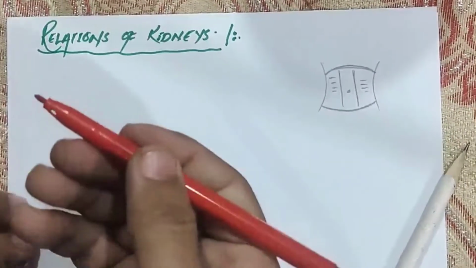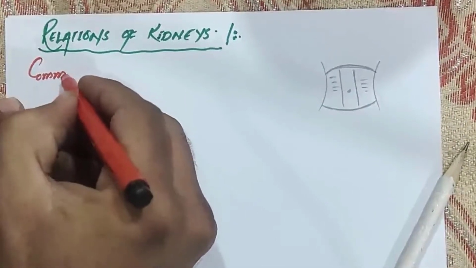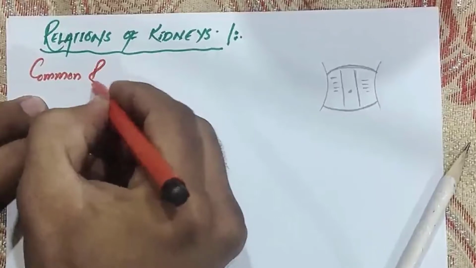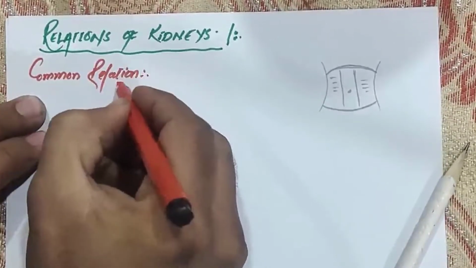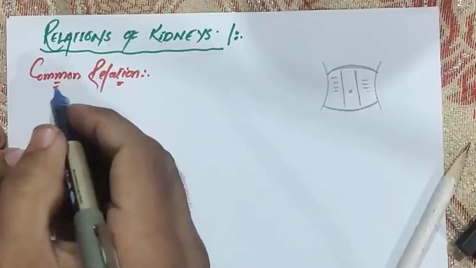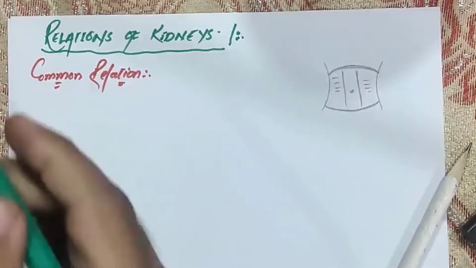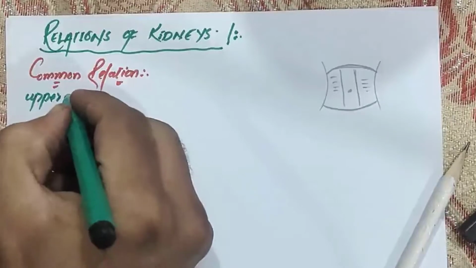First of all, the common relations which are common for both kidneys. What are those common structures in relation to both of your kidneys? If we talk about the upper pole of both kidneys, let me write here: upper pole.